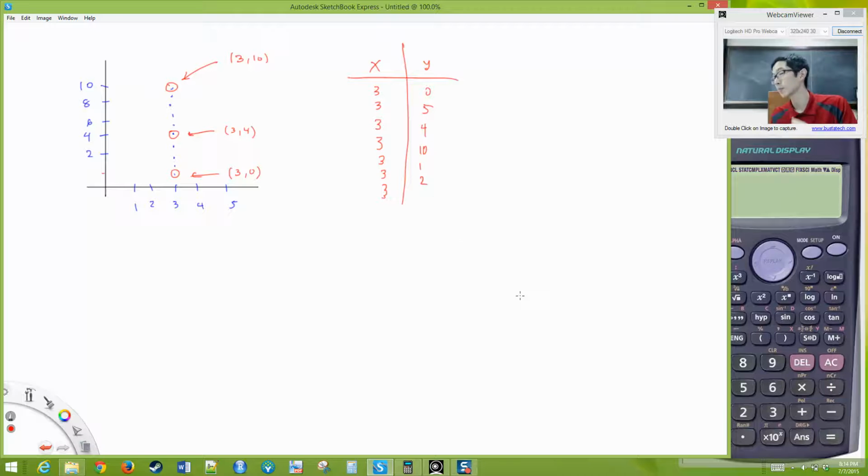Okay, so if we're trying to talk about the relationship between x and y, can we really say anything right now? No, because we only have data where x is 3. So if somebody wants to say large x or small x is associated with large y or small y, we can't say that because we only have data when x is 3.